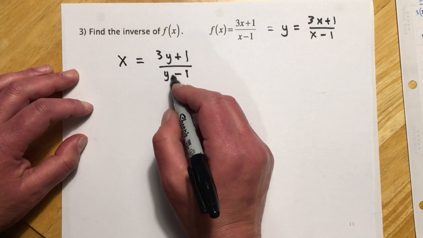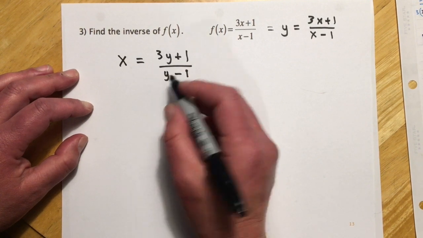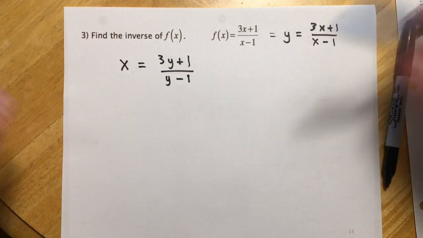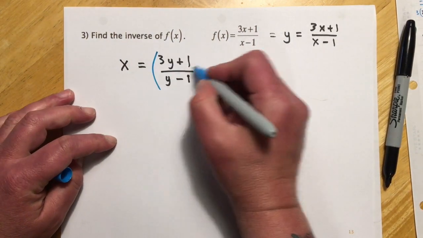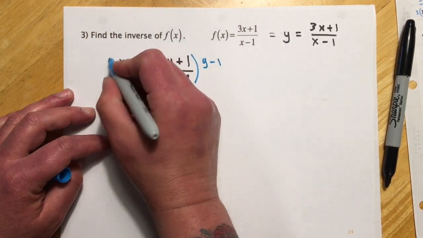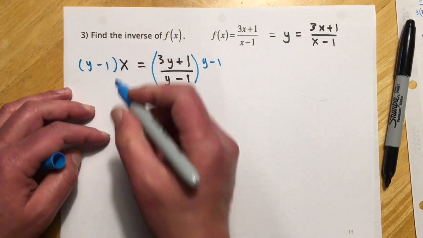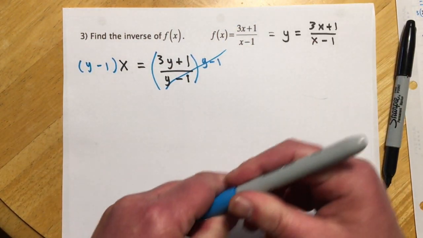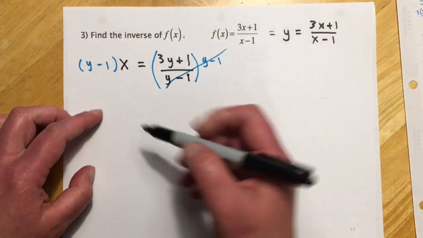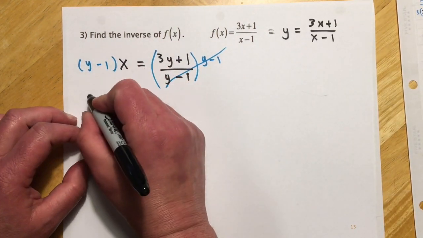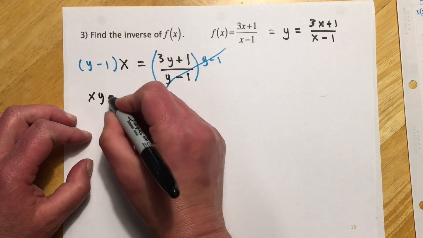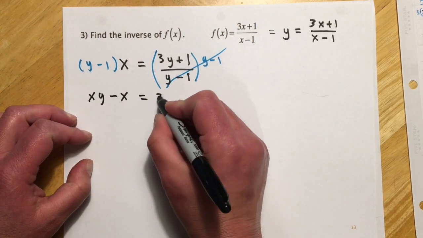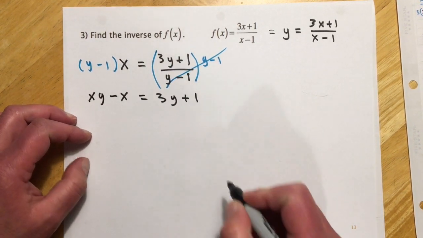So now I have to solve this for y, which is a little bit tricky because there's 2 y's. So the first thing I definitely want to do is clear the fraction. So now I can go x times y, x times negative 1, and 3y plus 1.